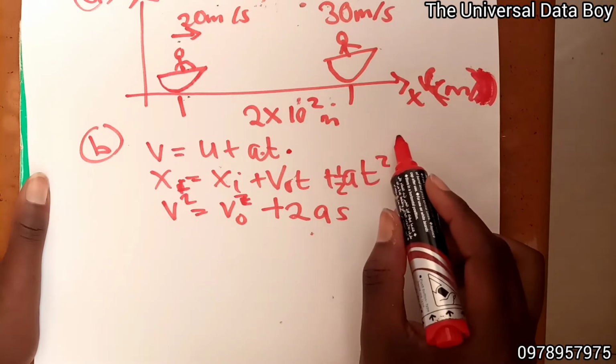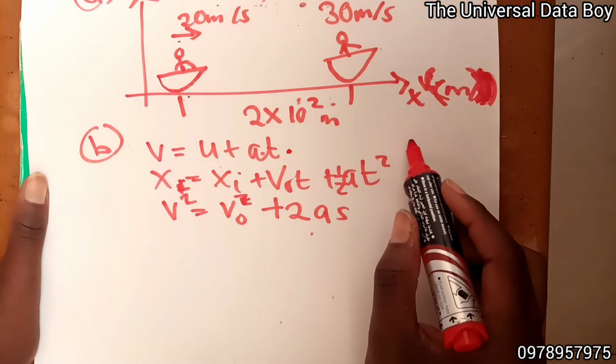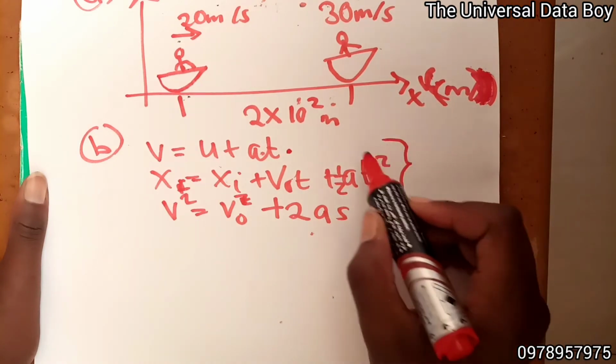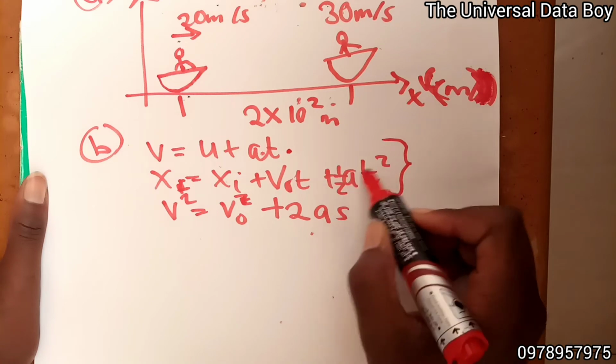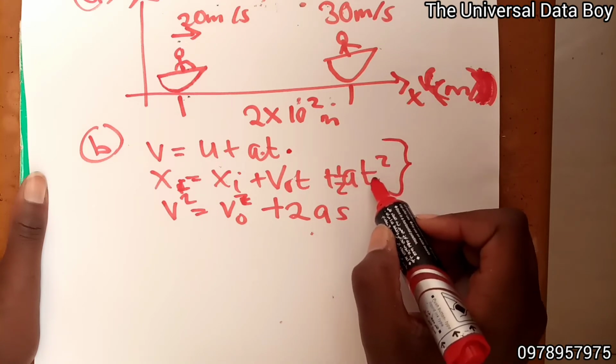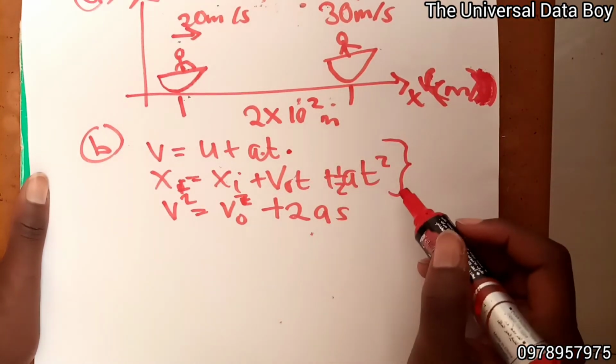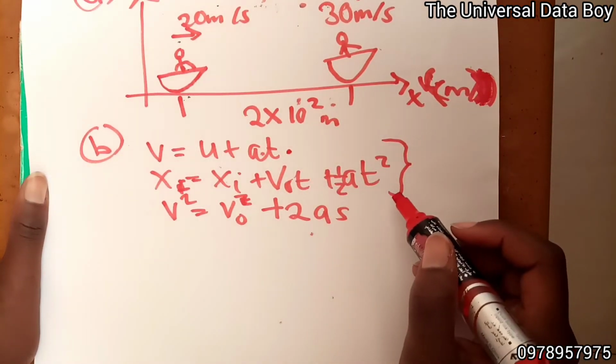The second one cannot work also because it's telling us to find time. Although, if we were told to find equations that can work, we could use these two equations, make t the subject of each, and equate them. But we're being told to find a single equation.